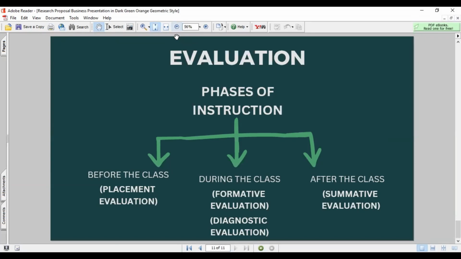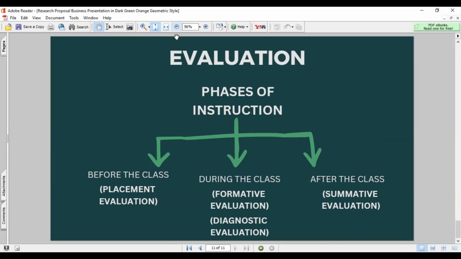To understand that, there is a kind of evaluation that happens, that can be quiz based, that can be in a form of, say, certain question answer sessions. You can pop out certain questions and ask the students beforehand.